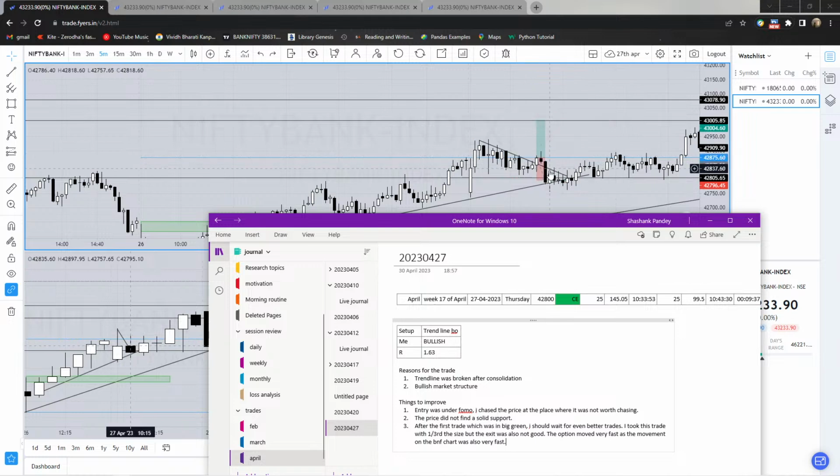And then when it hit my SL, that SL hitting candle was made so fast that the option prices went down very fast. Also because it was a Thursday, the prices moved down with even more velocity. I traded 42,800. It was at the money, but still, one has to be very careful about this.